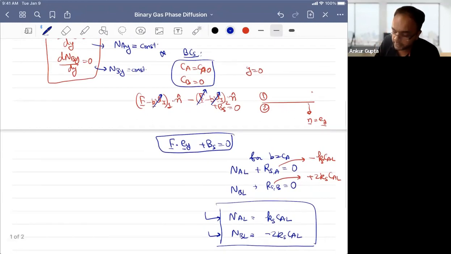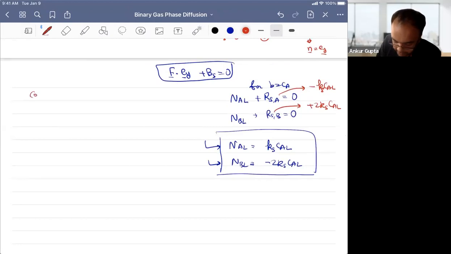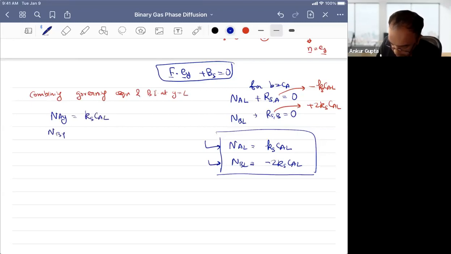So by combining the governing equation and the boundary condition at y equal to L, we get that N_Ay is equal to k_s C_AL and N_By is equal to minus 2k_s C_AL.